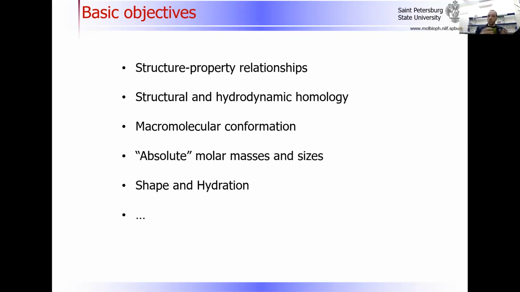When we can predict how the macromolecule will behave and what impact it will have on functionality, we'll be able to create macromolecules with precise properties. This is the very general and basic strategy.